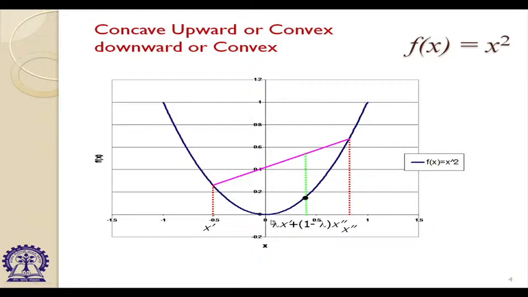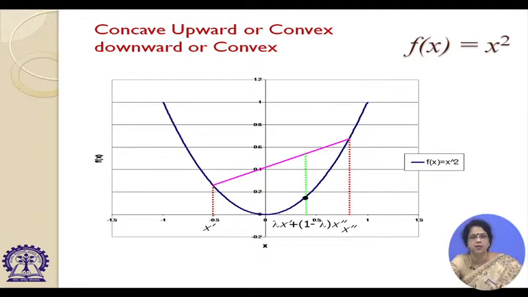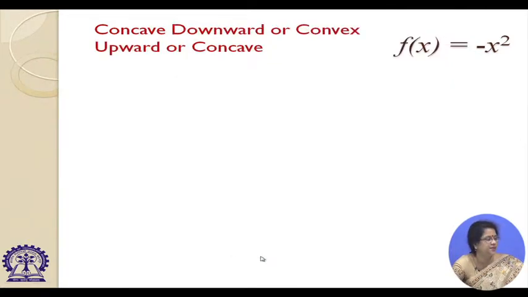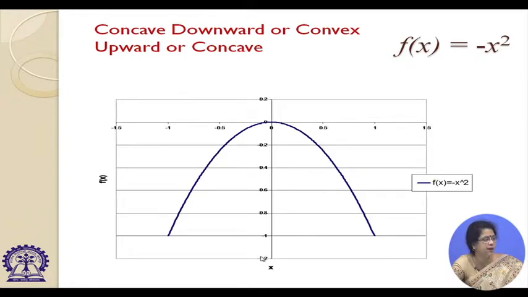If this is the objective function which is moving within a constrained space, and I want to find the minimum value of this objective function, then I can do the reverse. I will do the maximization of the minus of this function. That means instead of minimizing a convex function, I will maximize the concave function. All right, and this is f(x) equal to minus x square.